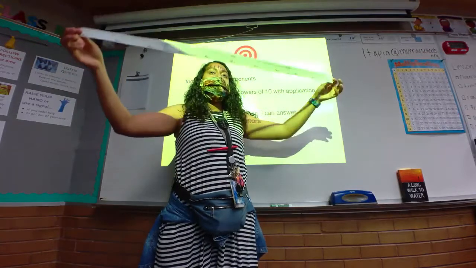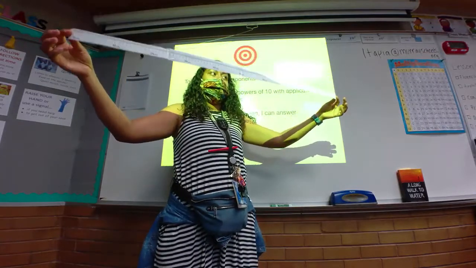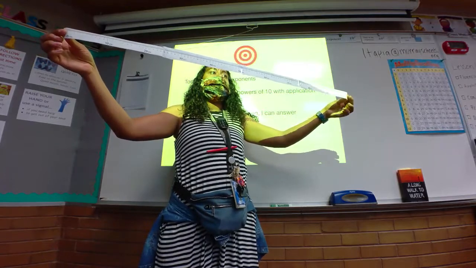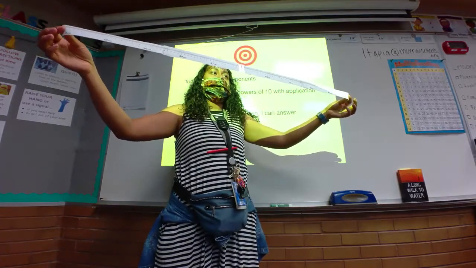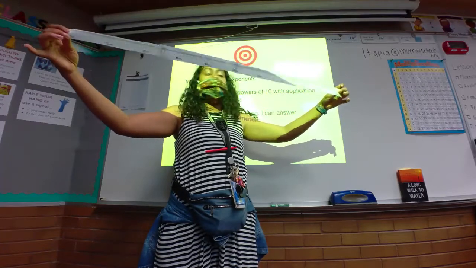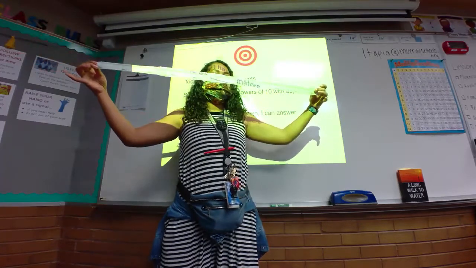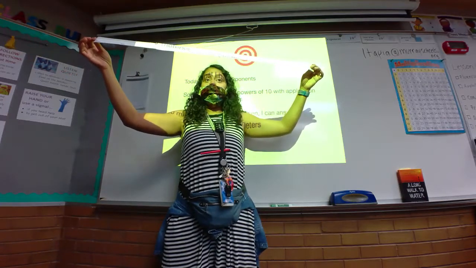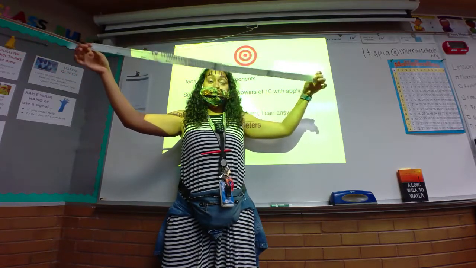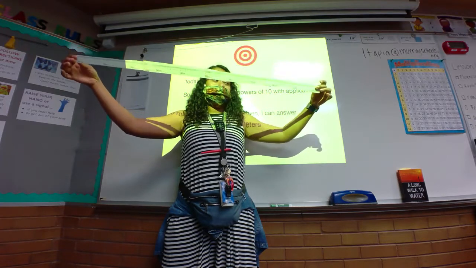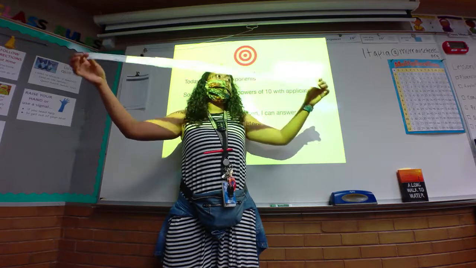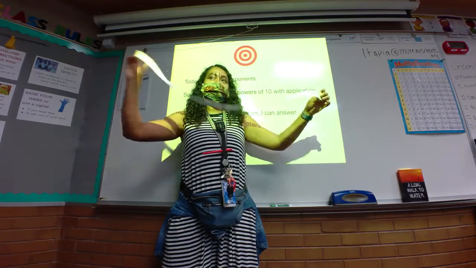This whole thing is called a meter strip because this is 1 meter. So how many centimeters are in 1 whole meter? Here to here, how many are there? You have to look at the paper, not put it on your head. Look at the paper. There's not 90, there's more than 90. 100. There's 100 centimeters in 1 meter.